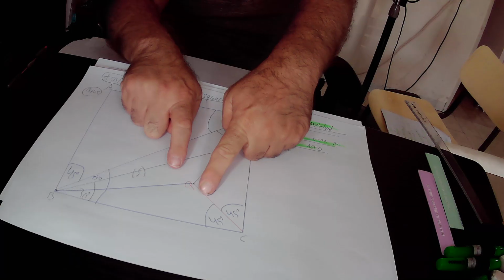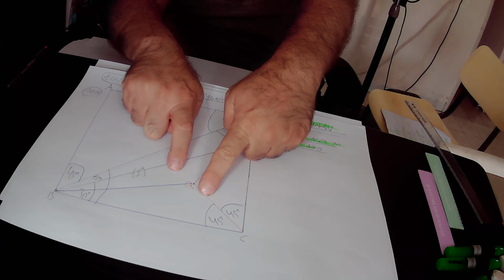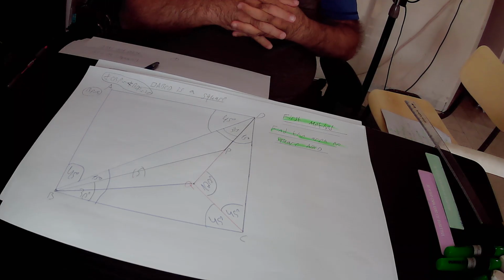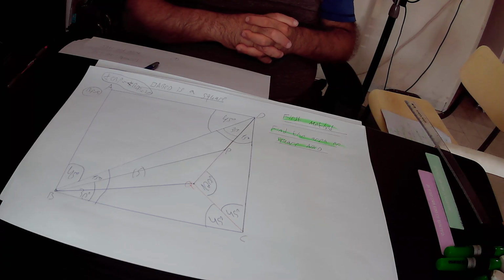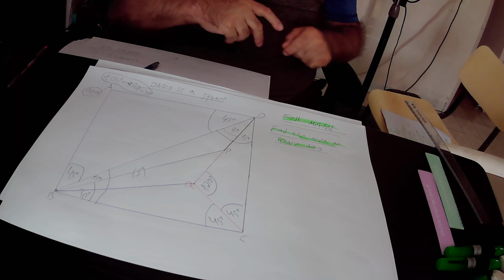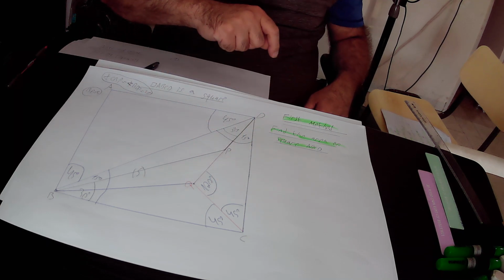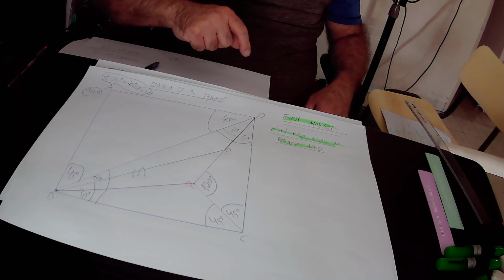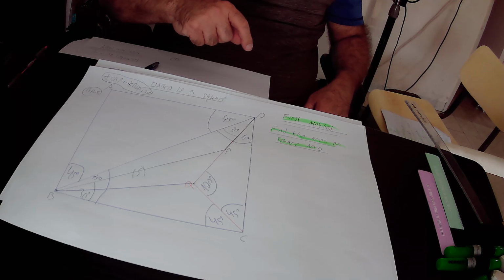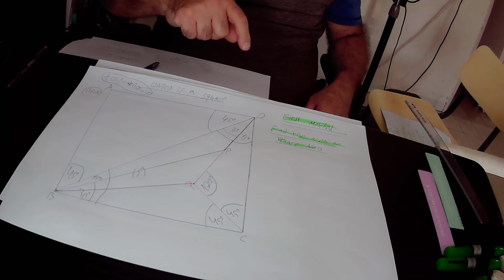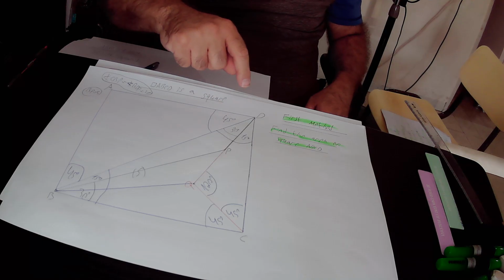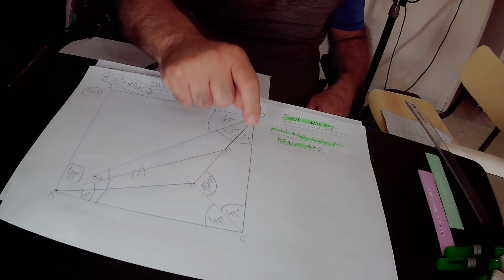Actually, we have to prove that those two triangles can go into each other according to the side-angle-side rule. So we have to prove that triangle BQC can go into triangle QDC. Side DC equals side BC.